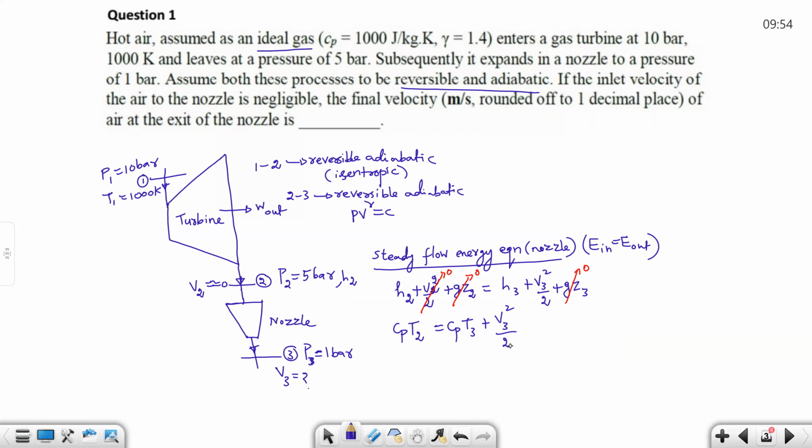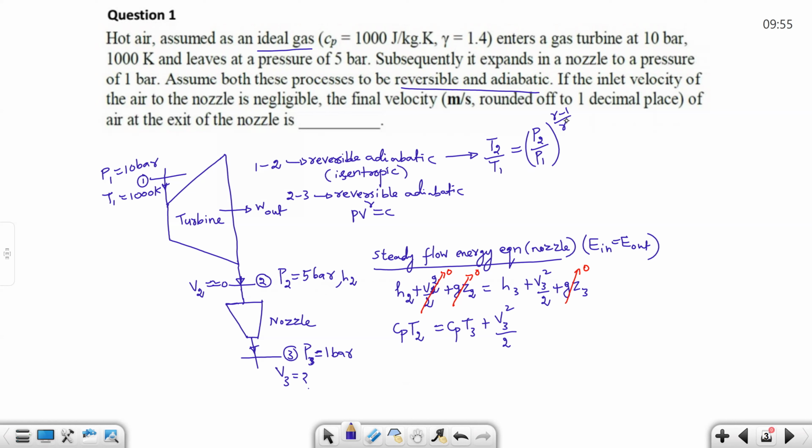Cp is given. For T2 and T3, we exploit the reversible adiabatic process. For process 1 to 2, T2 by T1 is equal to P2 by P1, the whole power gamma minus 1 by gamma.